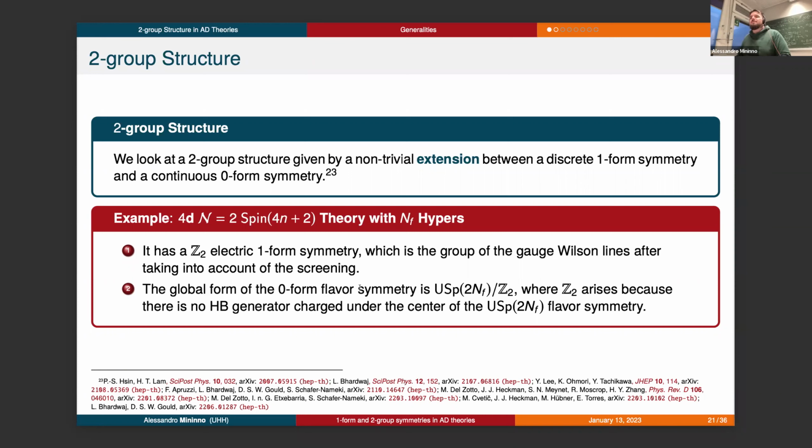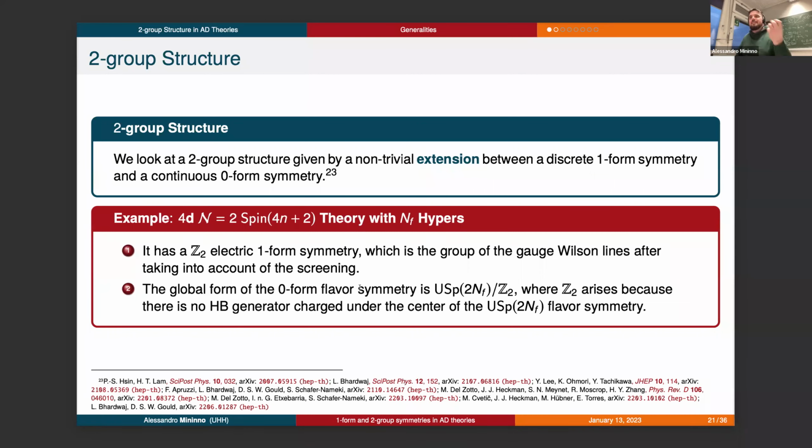So consider one kind of theory that has a two-group structure, which is a d n equal to 2 Spin(4n+2) theory with NF hypers.